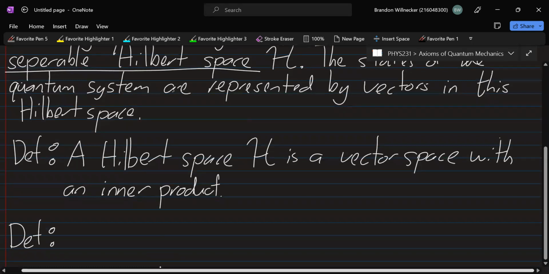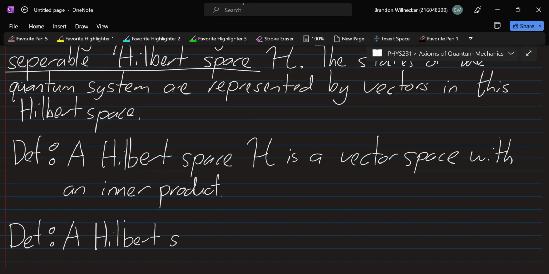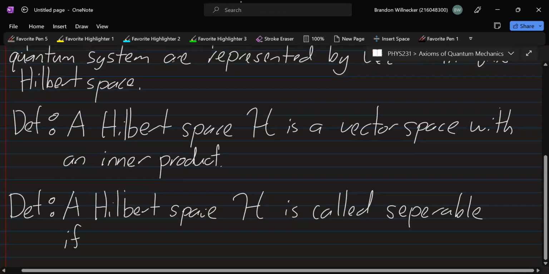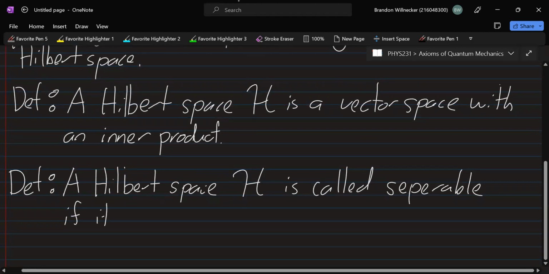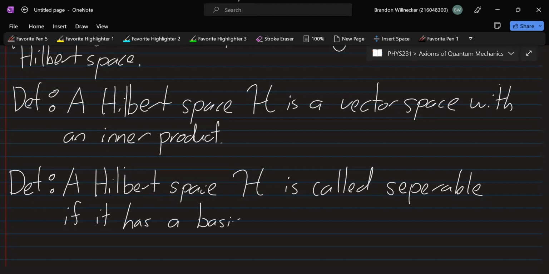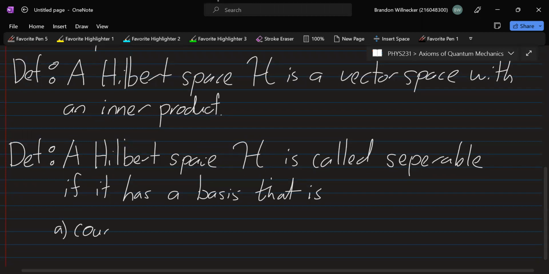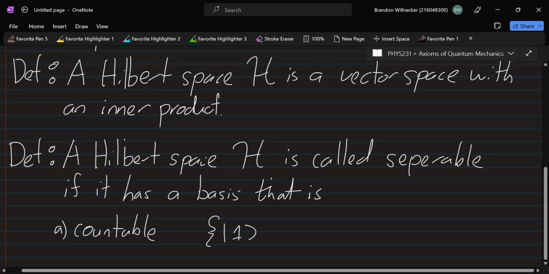Definition: a Hilbert space H is called separable if it has a basis that is, A, countable, which means we can label the elements of the basis like 1, 2, 3, and so on.